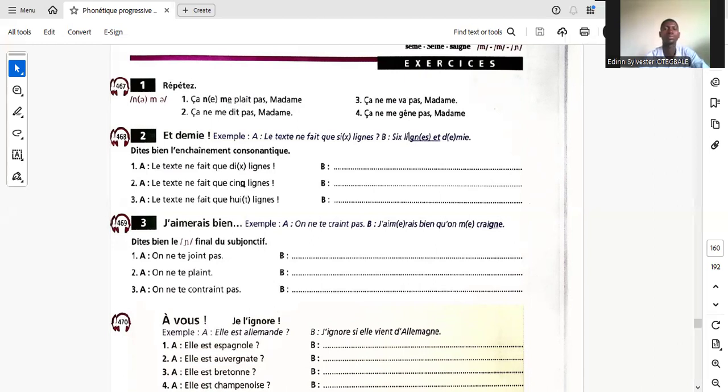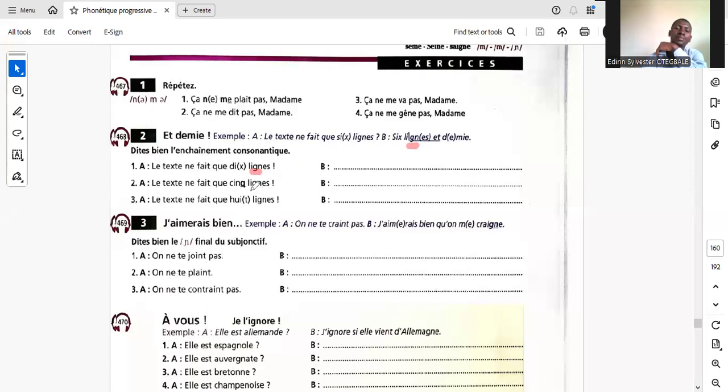Exercice 2. Exemple. Le texte ne fait que 6 lignes. 6 lignes et demie. Le texte ne fait que 10 lignes. 10 lignes et demie.